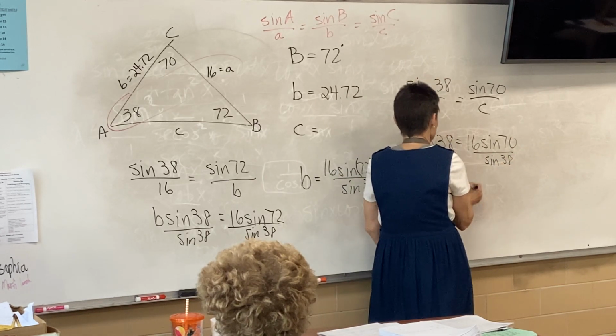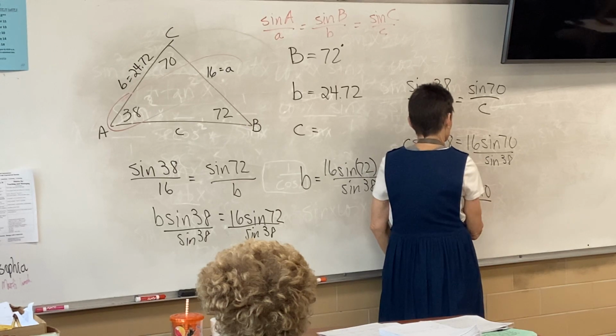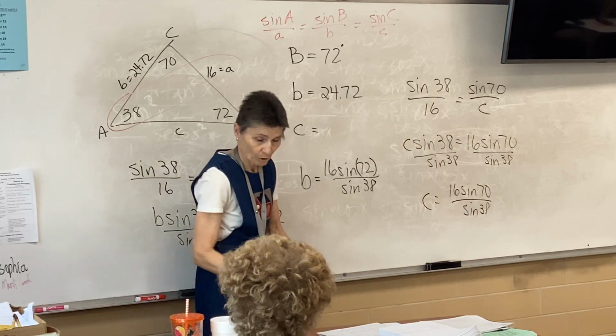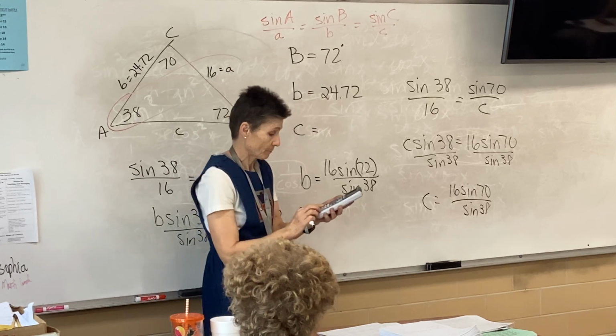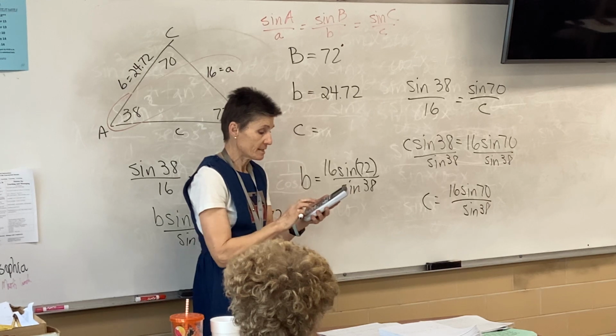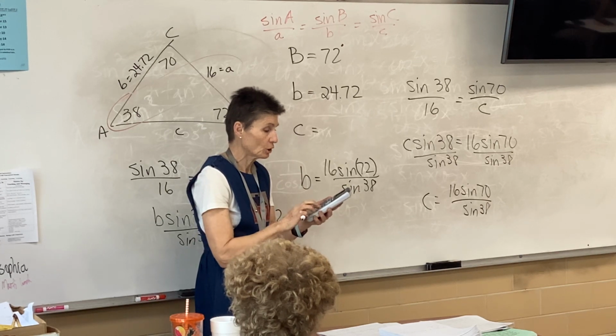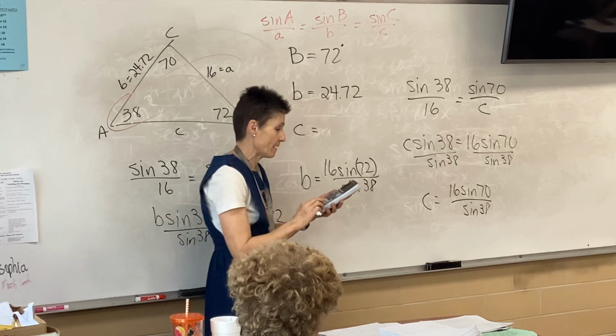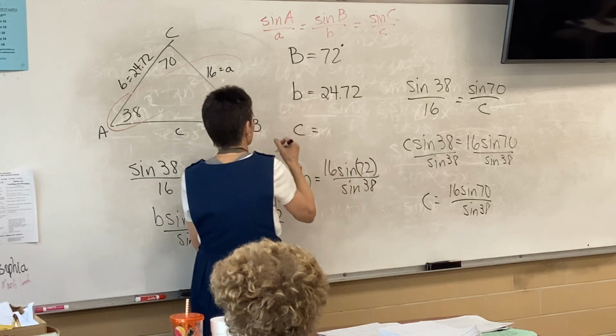And again, when you type it in, make sure 16 sine 70 close parentheses divided by sine 38. 24.42.